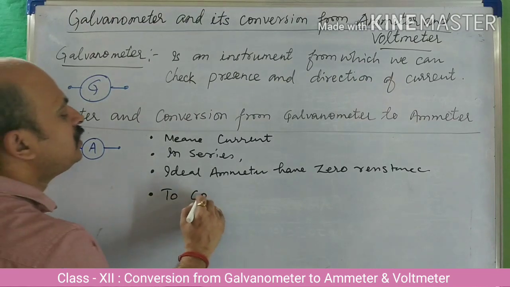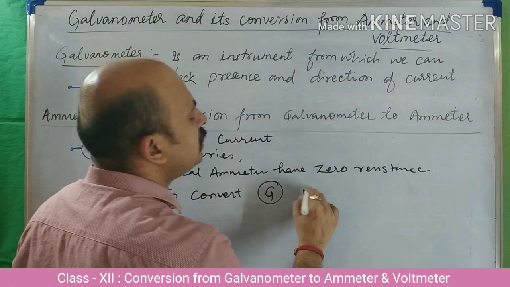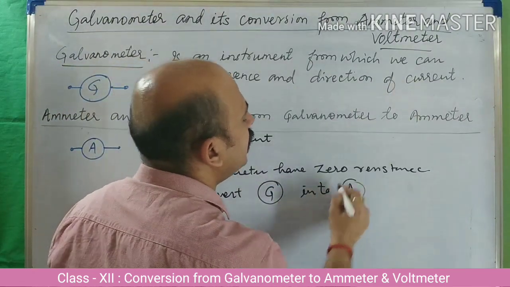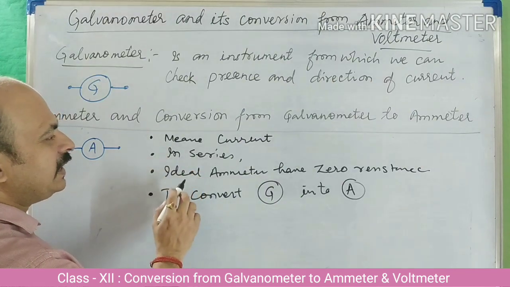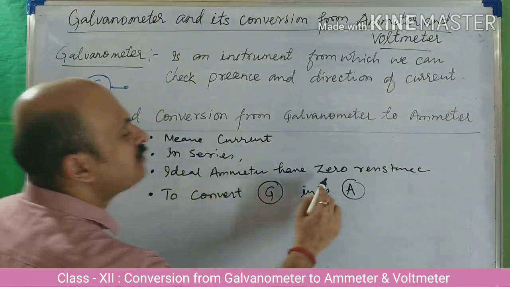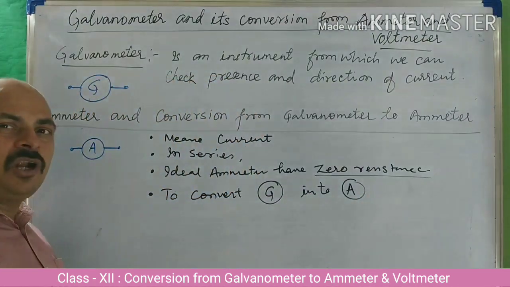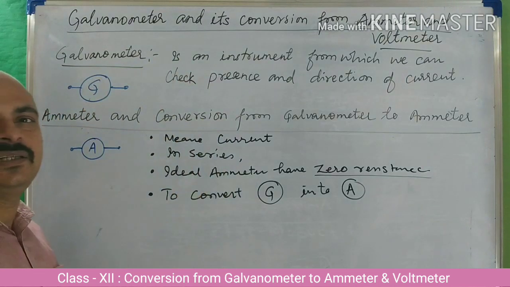To convert galvanometer G into ammeter A, we have to decrease its resistance, because an ideal ammeter has zero resistance. Zero is not possible, but minimum is possible, so we should decrease its resistance.